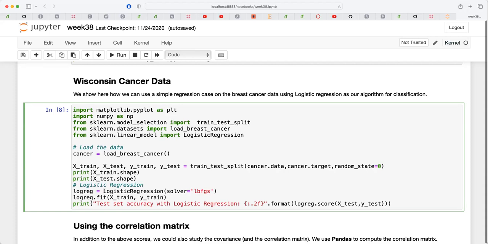But here, if you look at the way you would use logistic regression, you would simply call the module with logistic regression. And in this case here, there is a solver. So there are sets of solvers for actually solving these Newton-Raphson type of equations. And this LBFGS stands for Broyden, Fletcher, Goldfarb, Shanno, something.